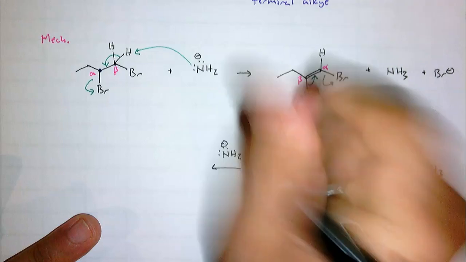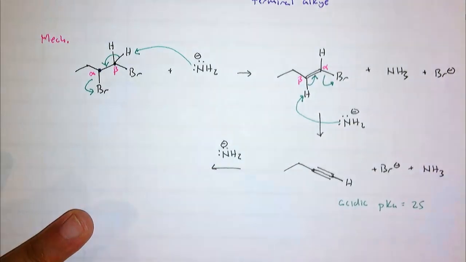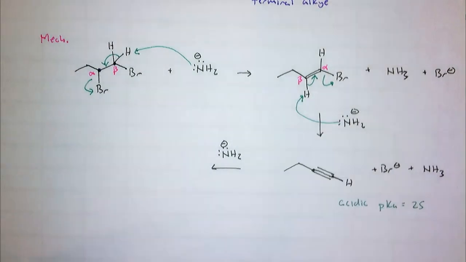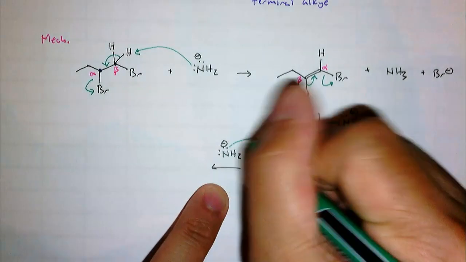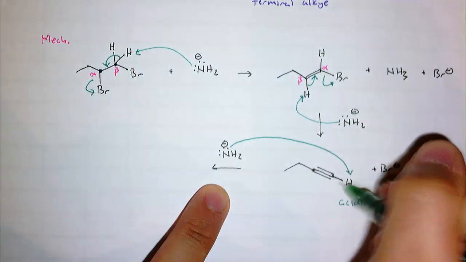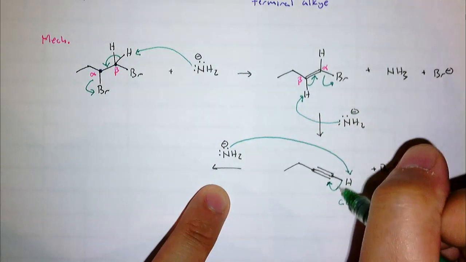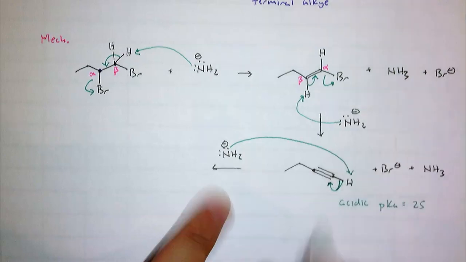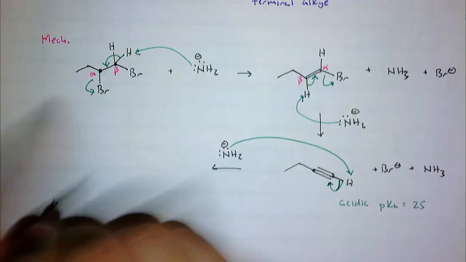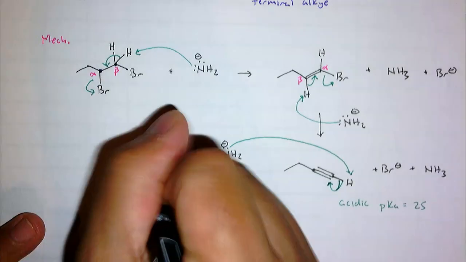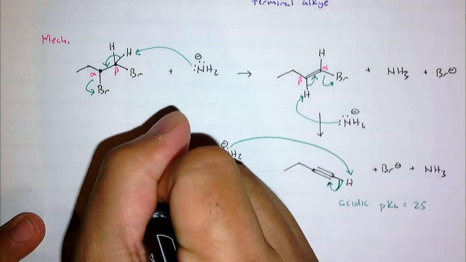And the thing is, this is such a strong base that, great, it could do the eliminations, but now it could also do the deprotonation. And just be careful, the arrow should start from the bond to the carbon. And we get this, unfortunately. It's unfortunate because we had the product, but now we don't.